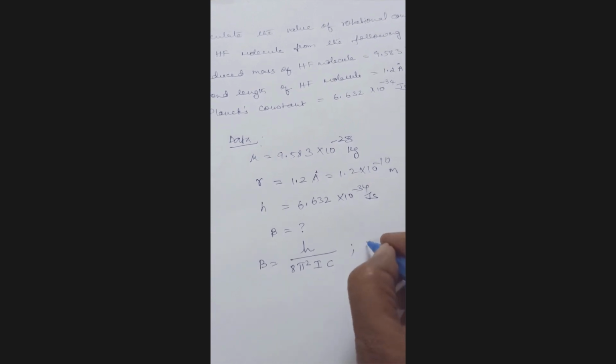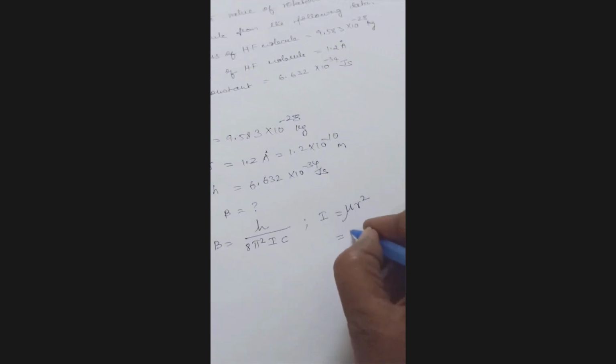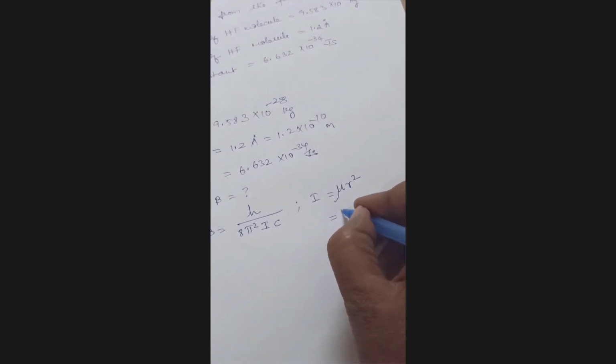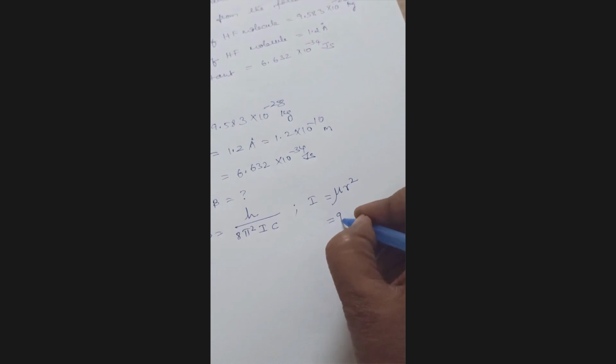But what is I? The moment of inertia I is equal to mu r square. So calculate I. Mu value is 9.583 into 10 raised to the power minus 28 into 1.2 into 10 raised to the power minus 10 whole square.